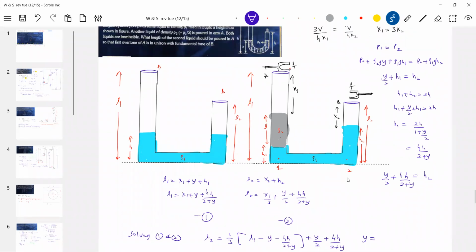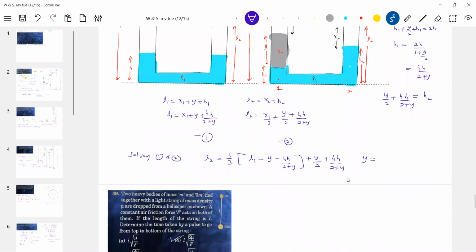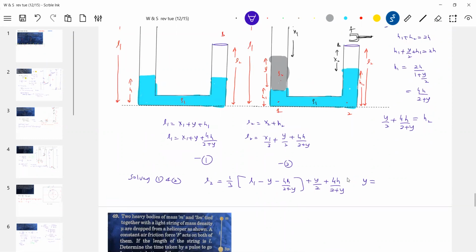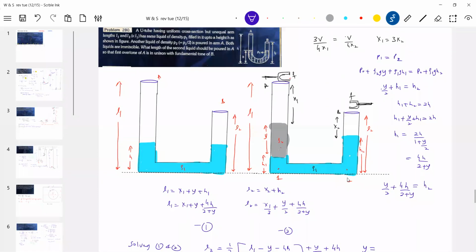No way. You have to check the... Sir, how did you get h1 equal to 2h by 1 plus y by 2? Substituting, because h1 plus h2 should be equal to... the level of blue color water will not change, no?